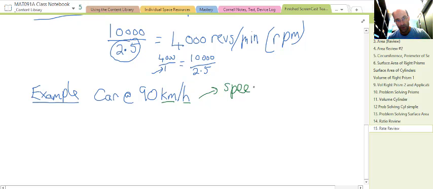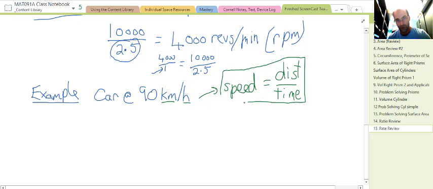So speed is distance per time. Remember, per means divide. So in fact, that is why the formula for speed is distance over time, because it's a distance per time.